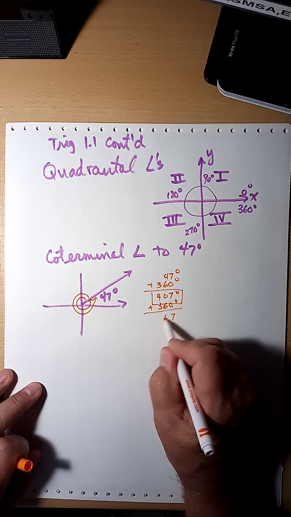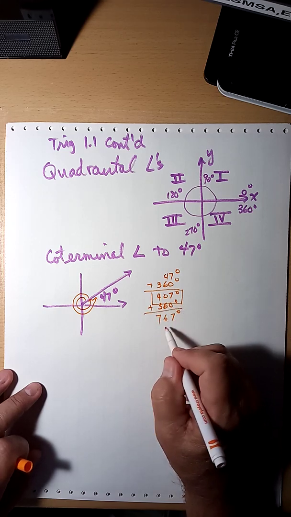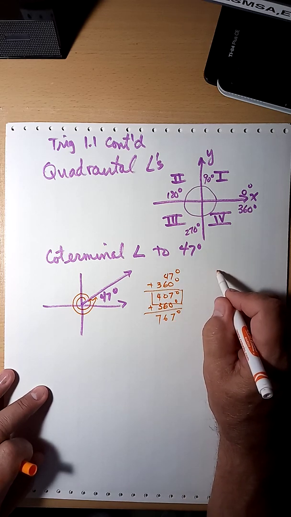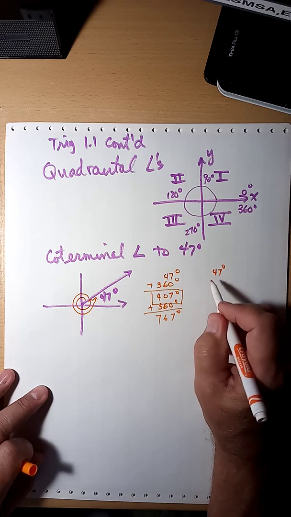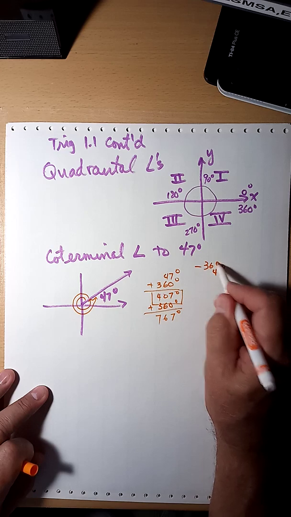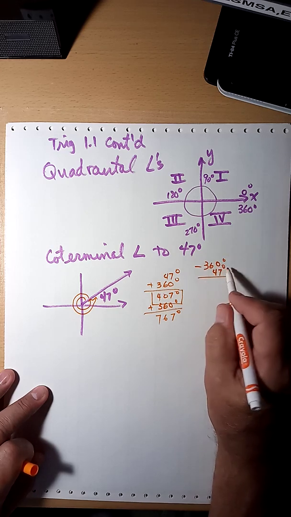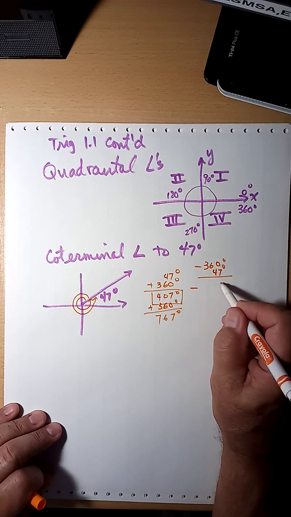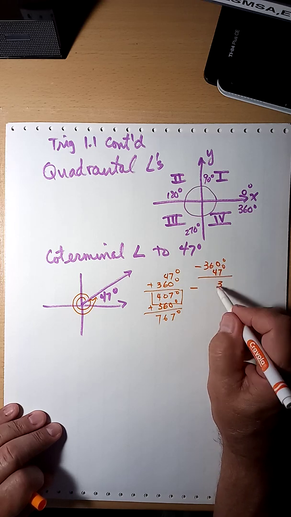We'd have 7, 6, 7. So 767 is also coterminal. In fact, we could take that 47 degrees and subtract 360, which is really subtracting 47 from 360 and then making your answer negative. 10 minus 7 is 3, 5 minus 4 is 1.